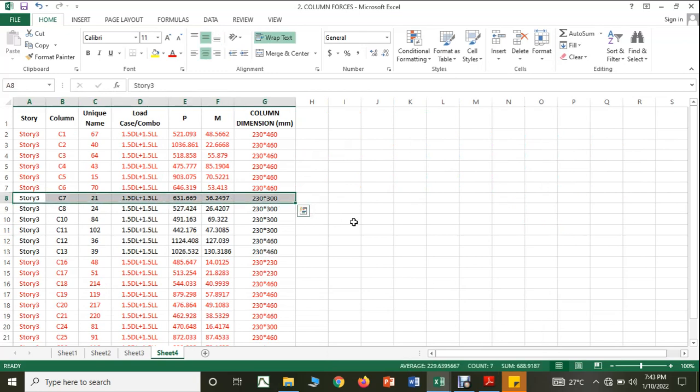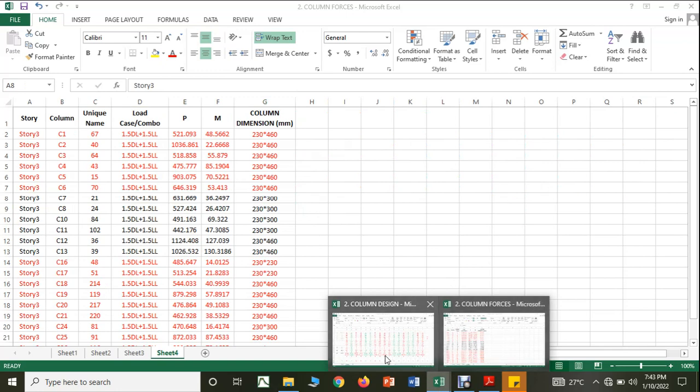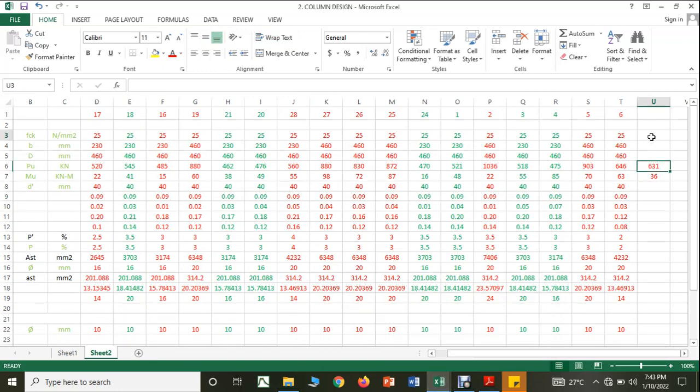It is 230 by 300. Let us see column 7, 25, 230, 300, 40, 0.09. So 0.07 is mu. 0.37, again it is a higher value, so therefore let us make it 230 by 460 mm.